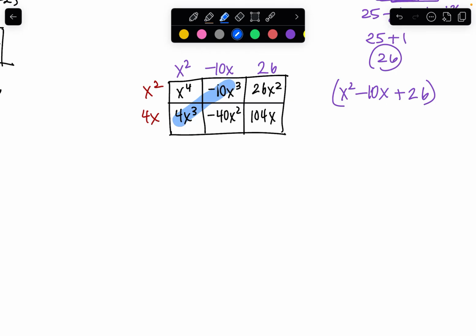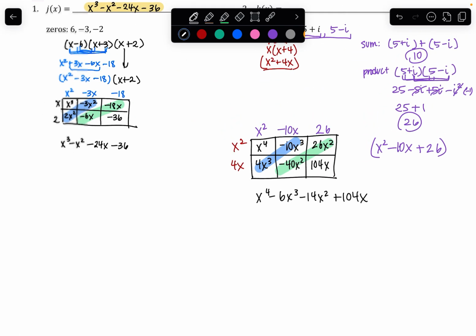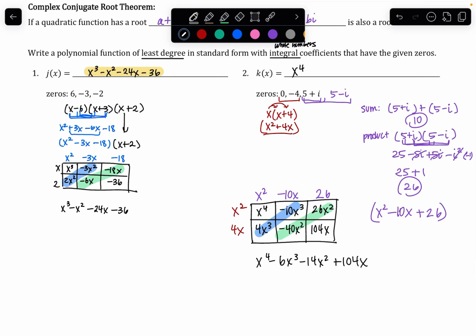Combining some like terms, 4 and -10, and then -40 and 26. So that would give me x to the 4th minus 6x cubed minus 14x squared plus 104x for my final answer. So the least degree we could do is 4th degree. And that would be the standard form.